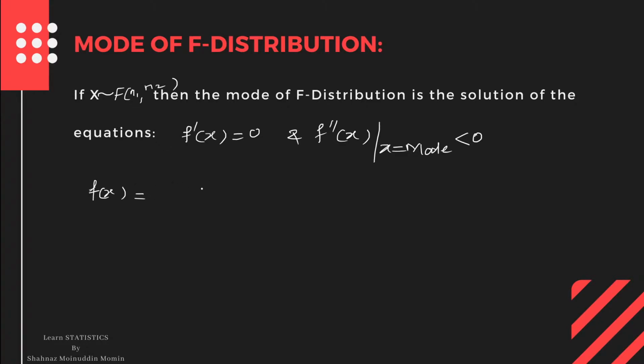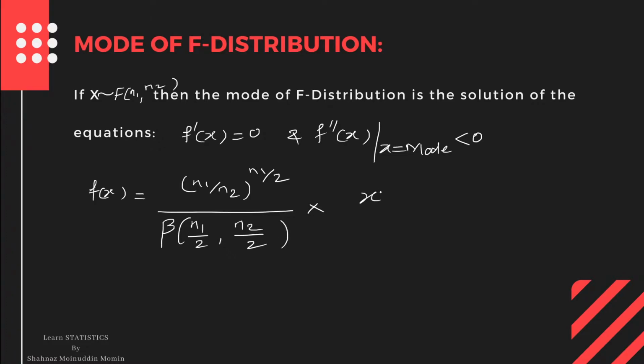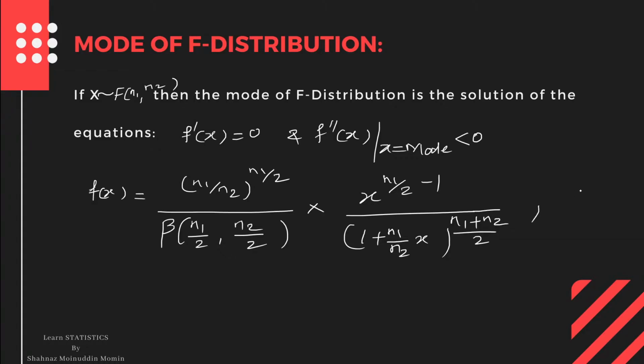We know that f of x is equal to (n1 by n2) raised to n1 upon 2 divided by beta of n1 by 2, n2 by 2, into x raised to n1 upon 2 minus 1, divided by (1 plus n1 upon n2 x) raised to n1 plus n2 divided by 2. This is the PDF of F distribution.